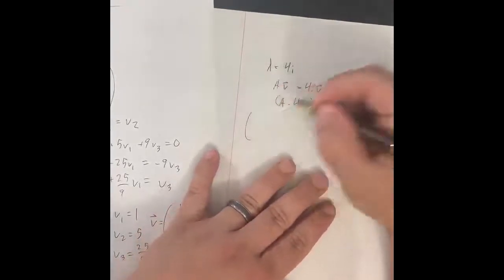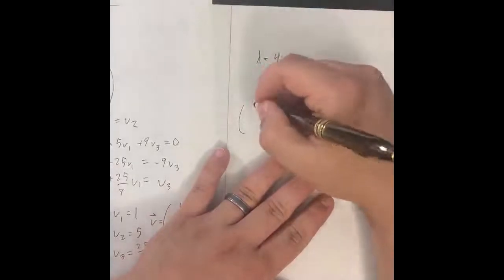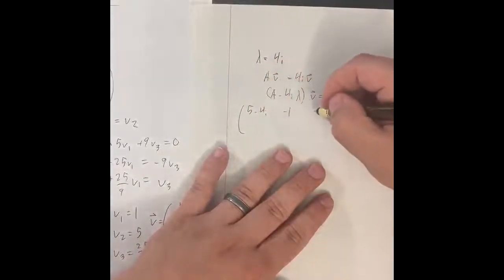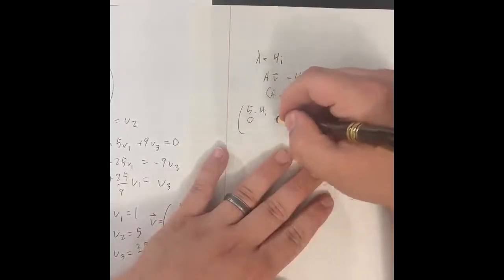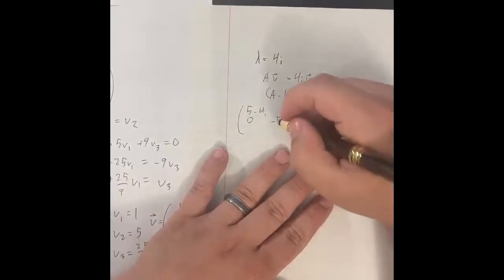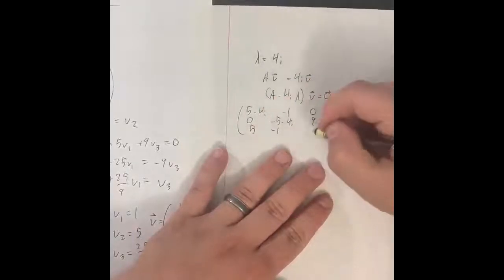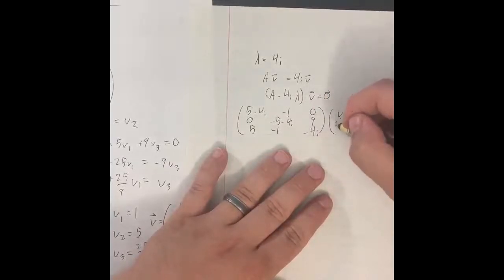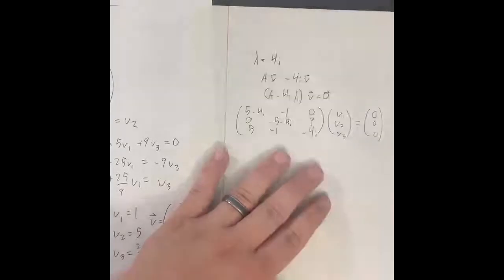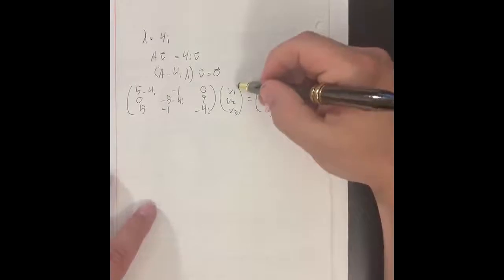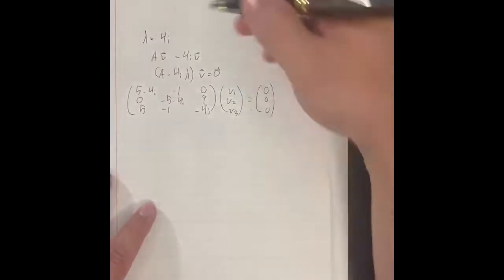So we can write this as the matrix with rows 5 minus 4i, negative 1, 0; 0, negative 5 minus 4i, 9; 5, negative 1, negative 4i, times v1, v2, v3, is going to equal all zeros. And we want to solve this system of equations for these v's to find the eigenvector that goes with 4i.